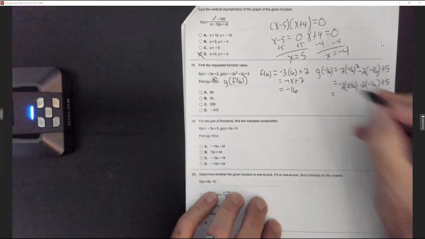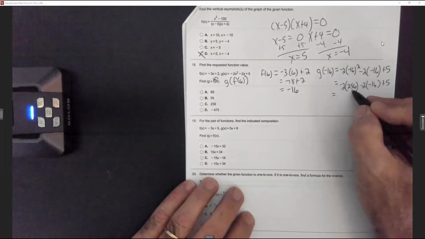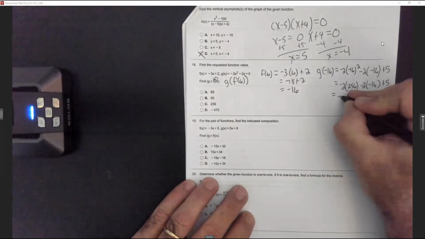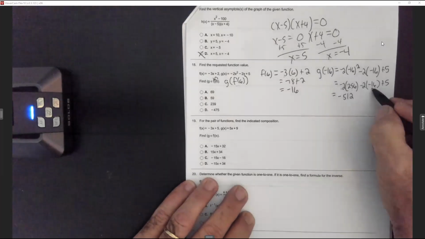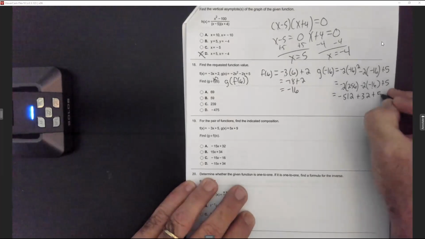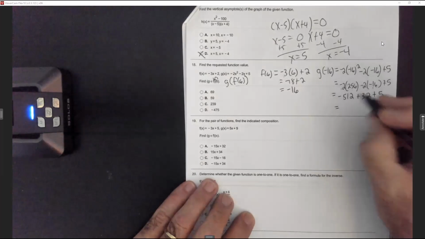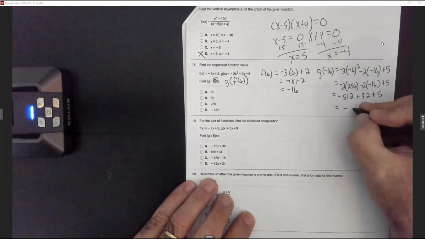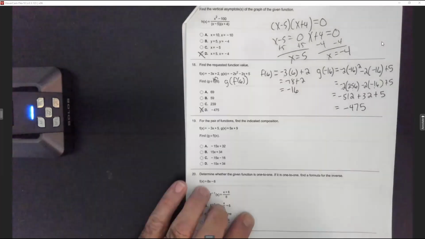Next, I'm going to multiply everybody. -2 times 256 is a -512. -2 times -16 is a +32 plus 5. If you add all these up, you should end up with a -475. So that looks like D on that one.